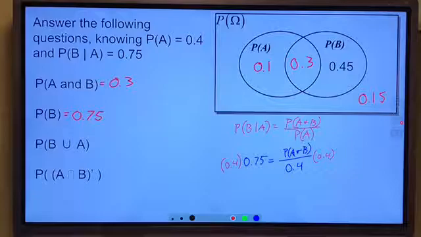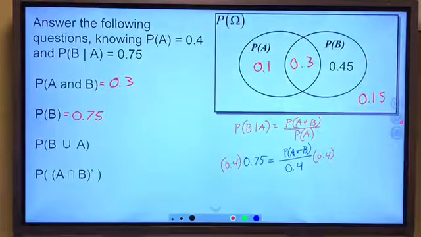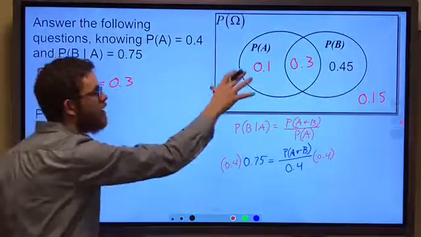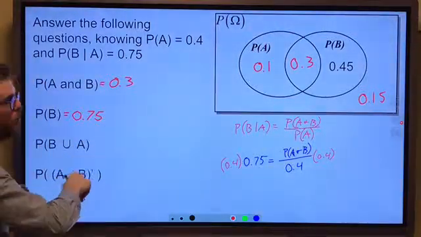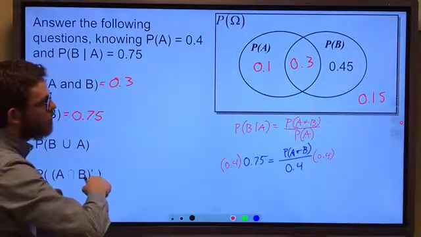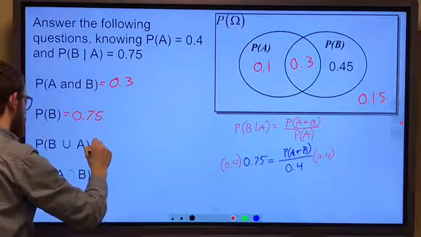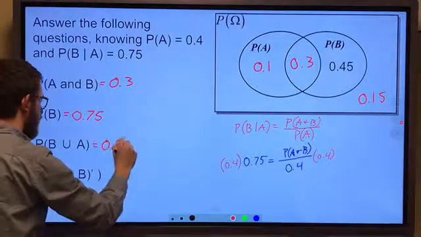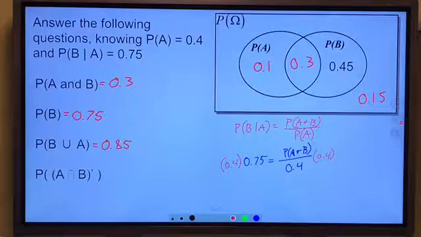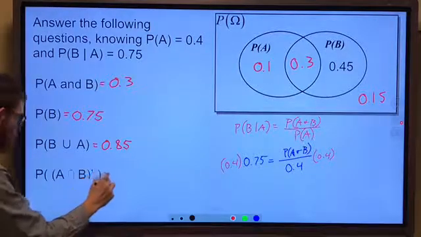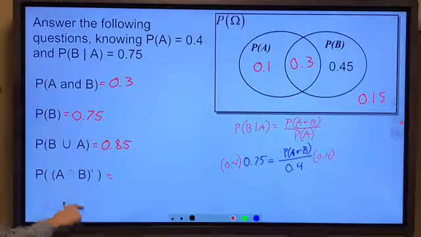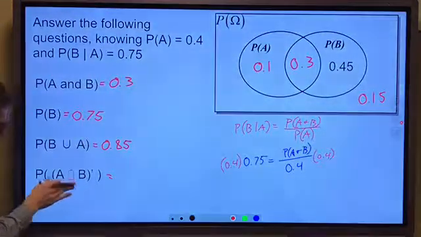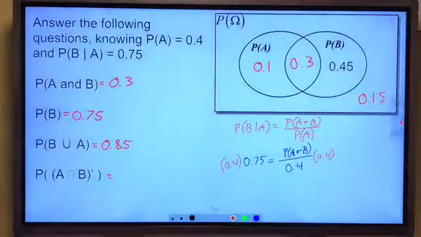The probability of B union with A. Okay, union is any of A, any of B. It's that or. Well, if we add up all those things in A or B, we've got 0.85. This last one here, what is not the intersection of A and B. So again, we read that as and.